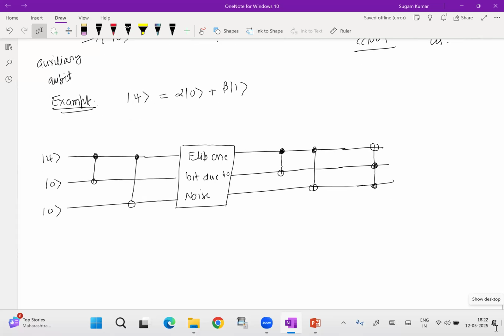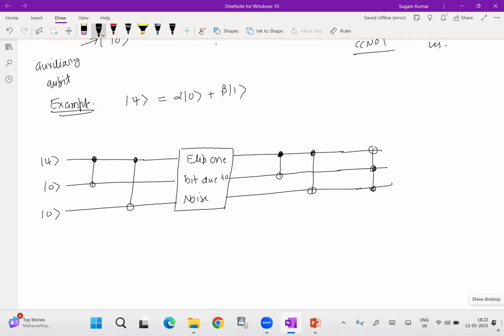So here again you see psi is what I care about. I want to preserve this qubit, and this is in the superposition state of alpha 0 and beta 1. And I don't know exactly what alpha is, what beta is. I'm not aware of this. I don't even want to know this. So this is one qubit, written in the basis states 0 and 1.